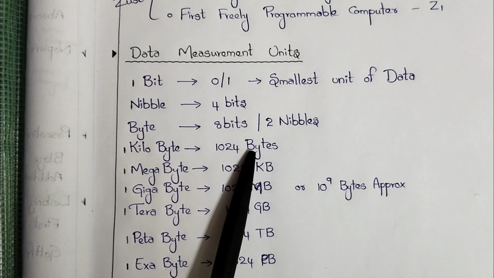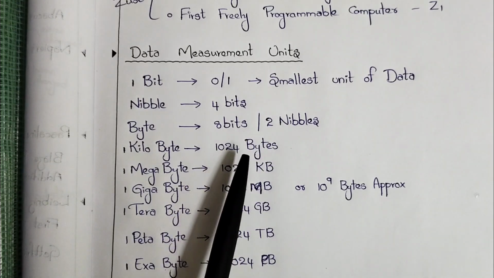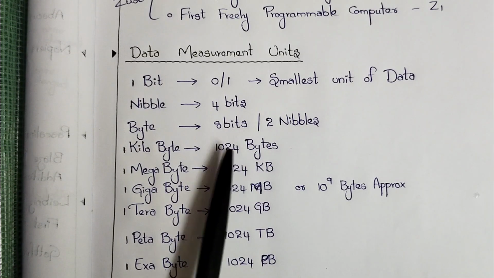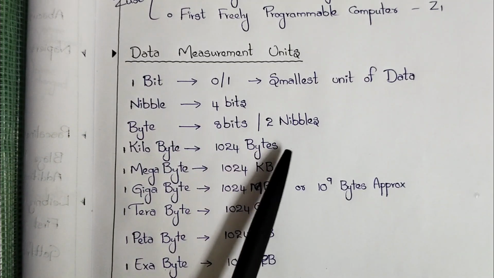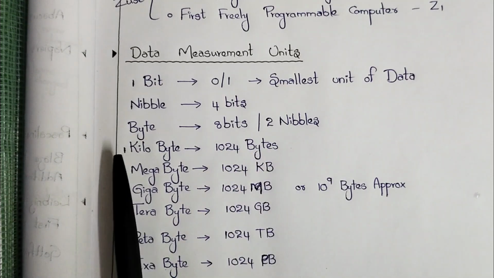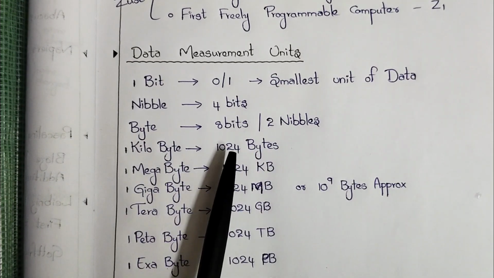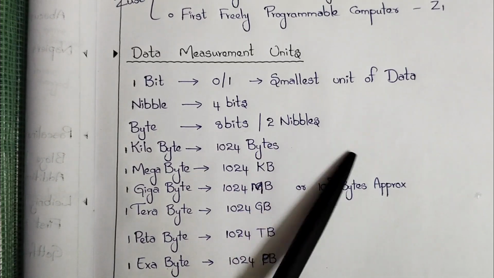As we know, the computer follows the binary system, so everything will be in the form of 2's power. That's why this 1024 bytes came. You can approximately say it as 1000 bytes. 1 kilobyte is 1024 bytes, or approximately 1000 bytes.